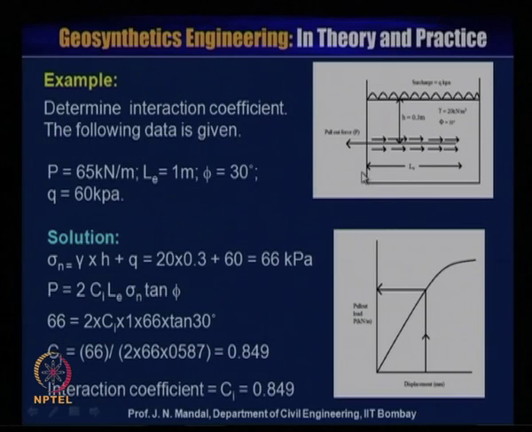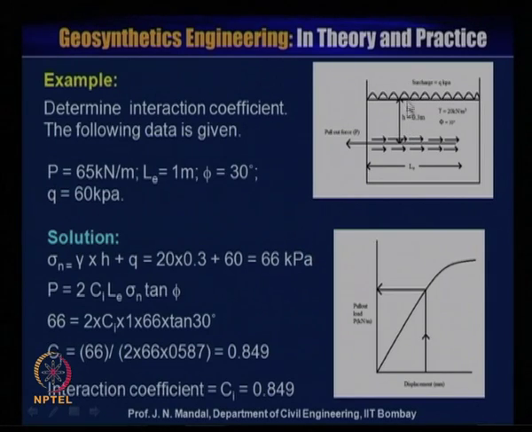This length is equal to Le, and this is the height. Height is about 0.3 meter, and gamma, the unit weight of soil, is 20 kilonewton per meter cube, and phi is equal to 30 degree, and the surface pressure Q is given as 60 kilopascal.